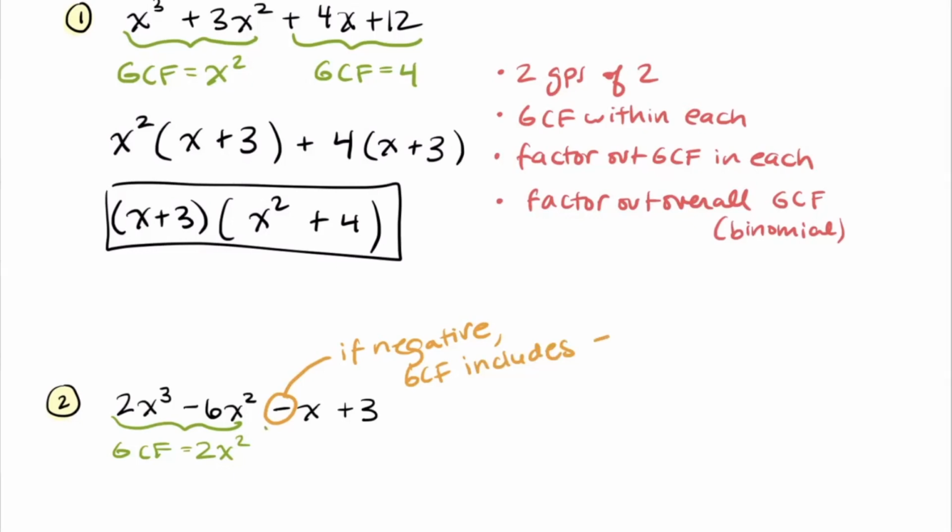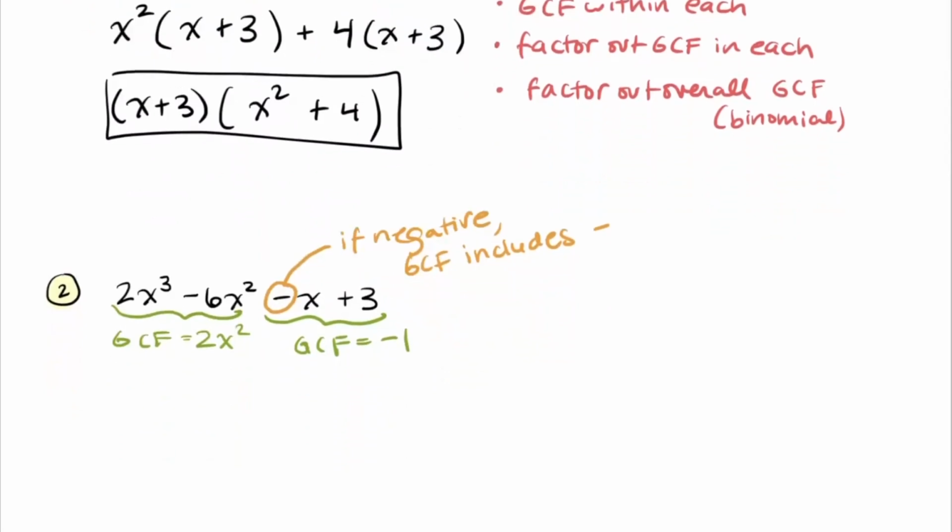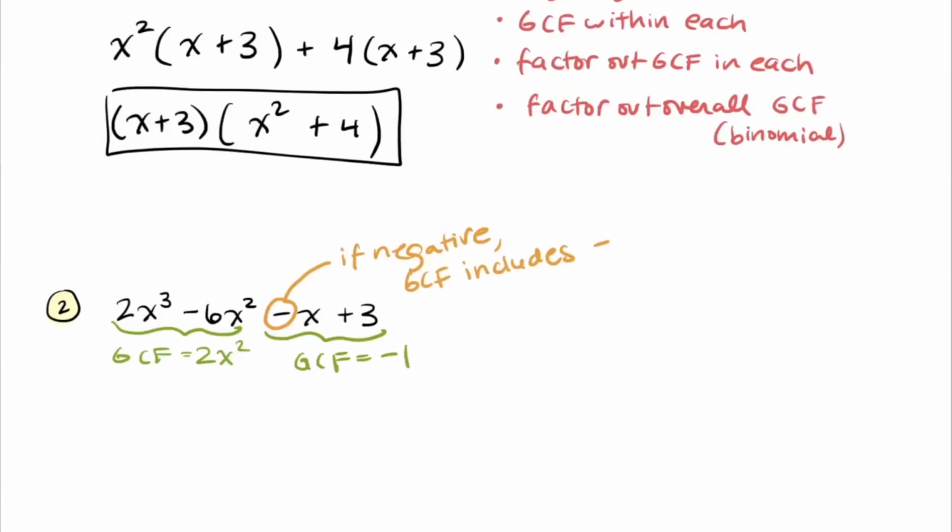So with these two, our GCF is 1, but we've got to take out a negative 1 here. And you'll see why when we factor out the GCF of each, right? So it's the second step. We're going to take out a GCF of each group. So in the first, we'll take out a 2x squared, so we'll have an x left over, then minus 3.